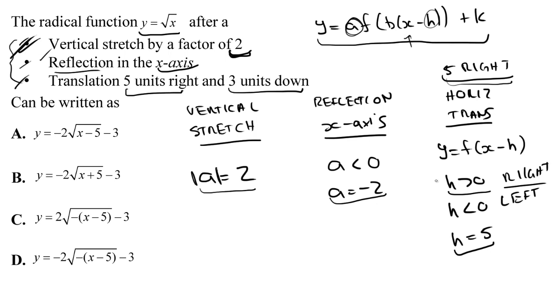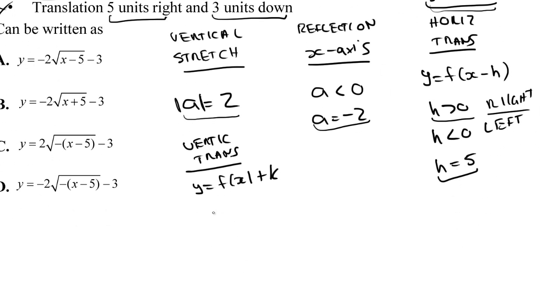Now we know this h value in here. And for the last one, we've got to do our vertical translation. That's this 3 units down. That always looks of the form y equals f of x plus k. If our k value is greater than 0, it's going to shift it up, but if it's less than 0, it's going down.